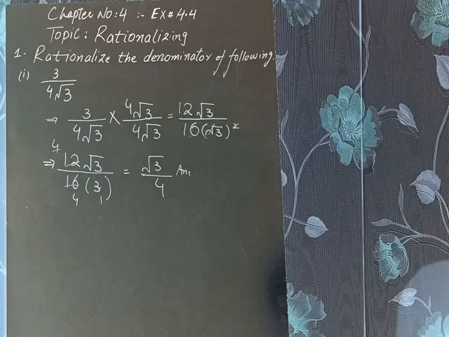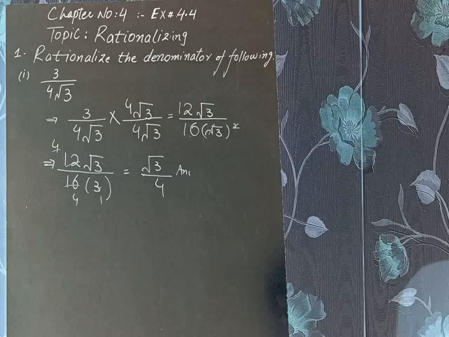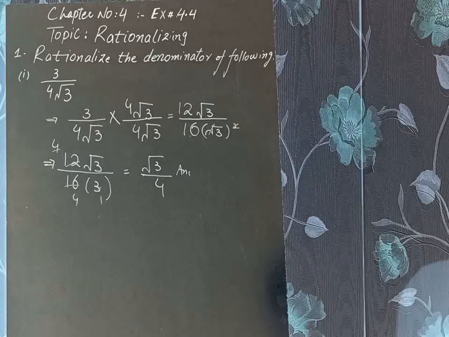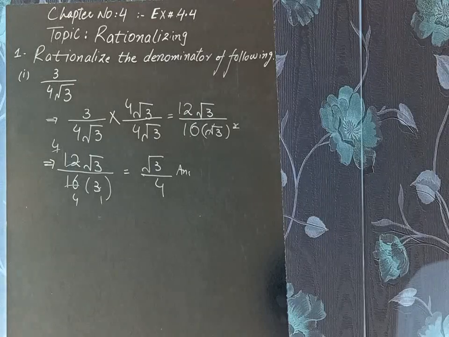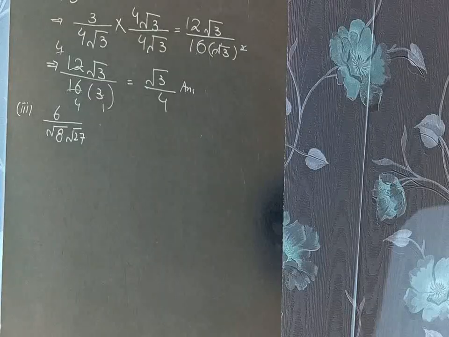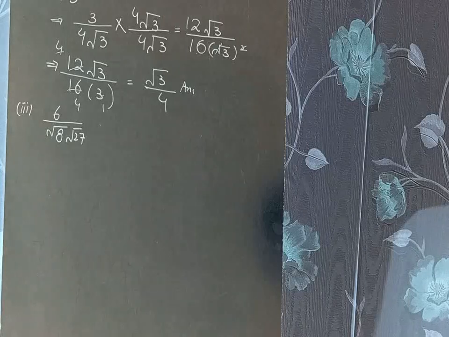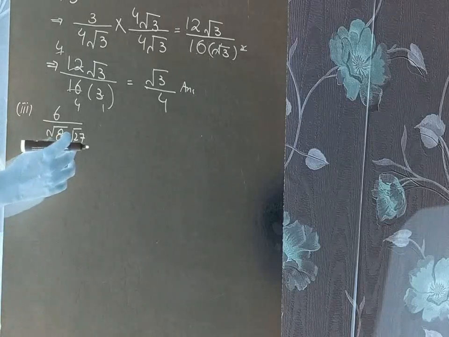Okay, now parts 2 and 3 are the same, and I can solve any one part. Part 3, I think, I should do. In this part 3 you can see there are two surds now.